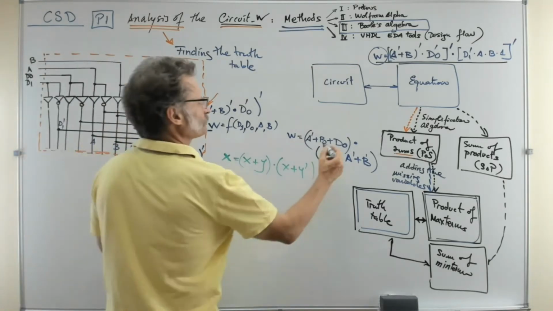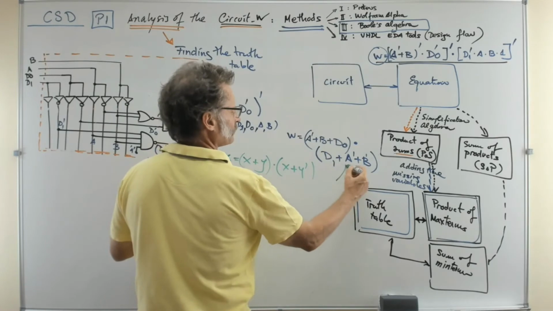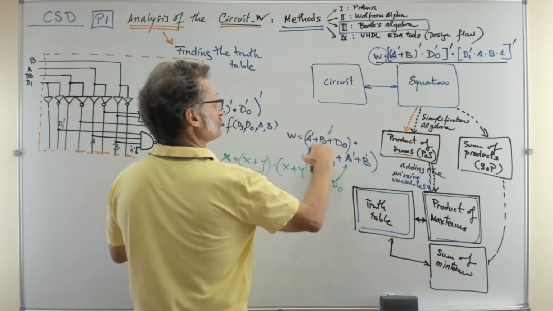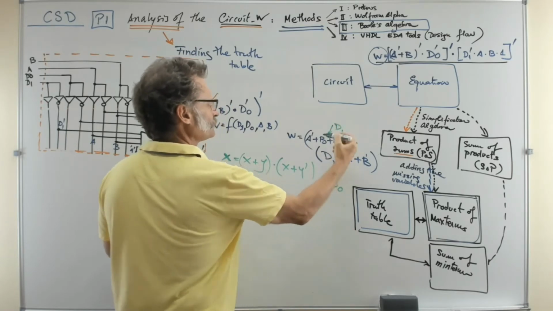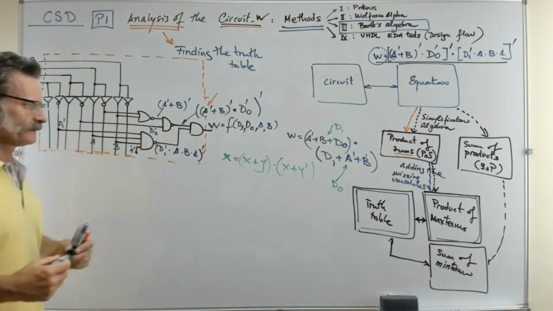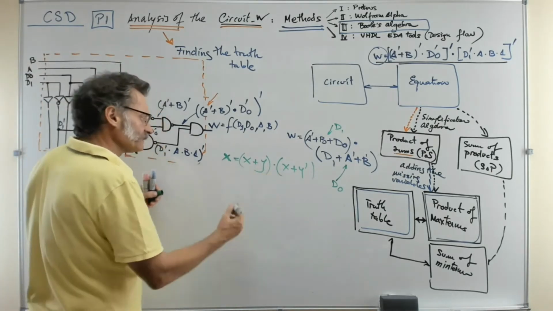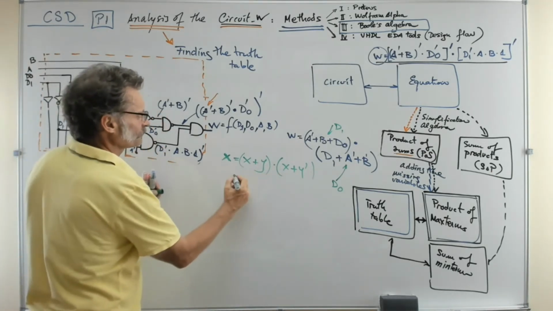So in this way you can add here the missing variable, which is d0, and here the missing variable is d1, right? So you can do that this way. And if you are not sure about that, now is the time to check, okay? Because this is x.